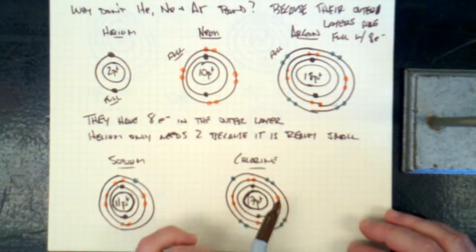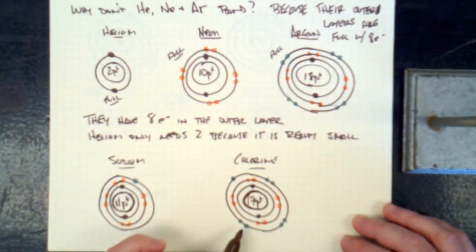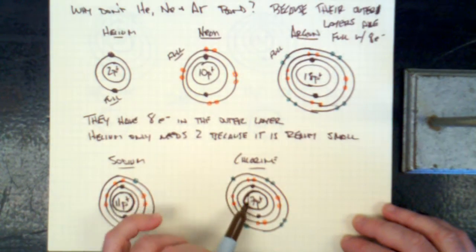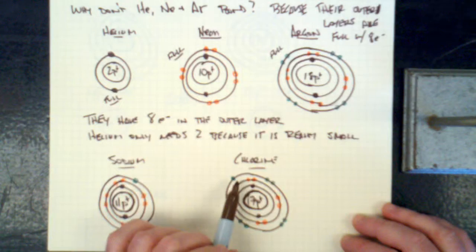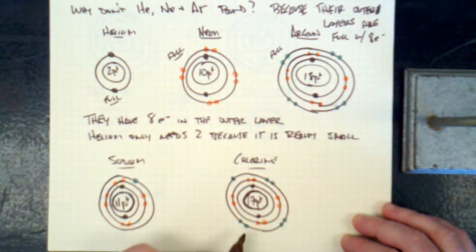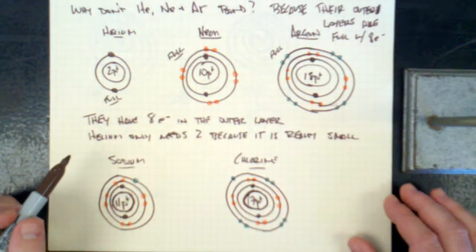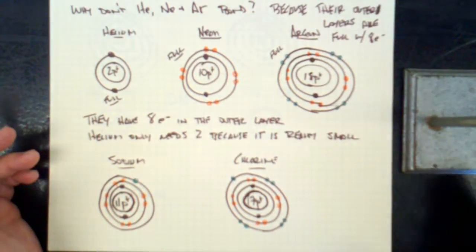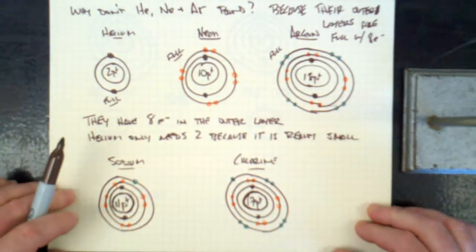But then on the outside layer, 11, 12, 13, 14, 15, 16, 17. So it has 17 electrons to balance out the 17 protons in the middle. But it only has 1, 2, 3, 4, 5, 6, 7 on the outer layer. So in order to make a full layer, it's got to find another electron. Sodium here has 1 to give up.